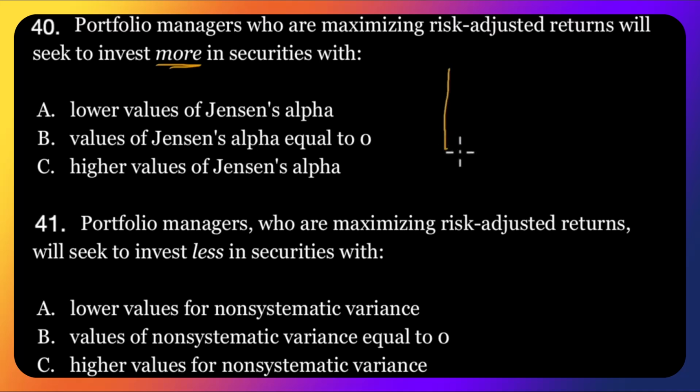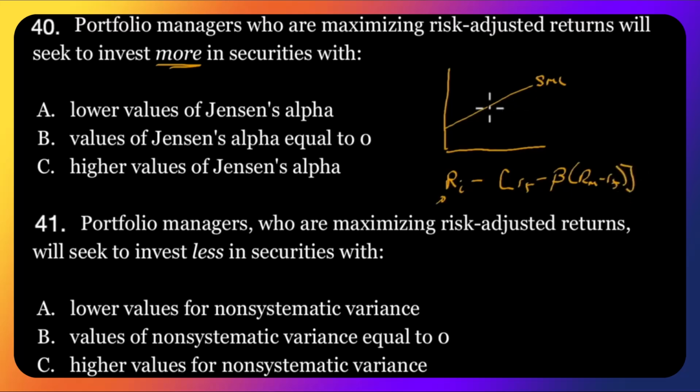Well, to get an idea of what Jensen's alpha was, here's our security market line. And so let's say that we look at the return of a security and we take the actual return and subtract what the return should have been given its level of systematic risk, which would be plotted on the SML.